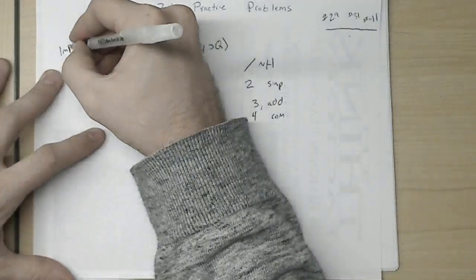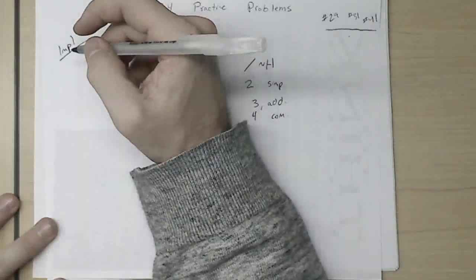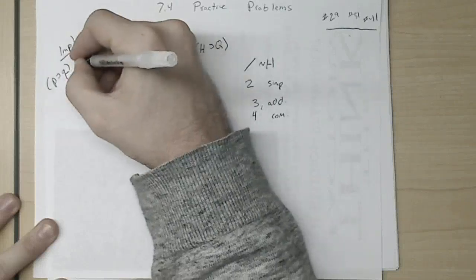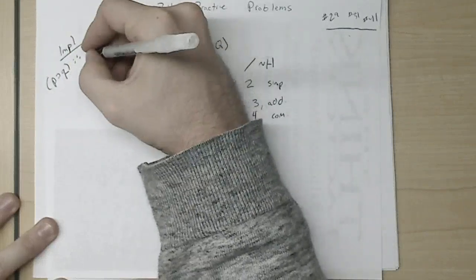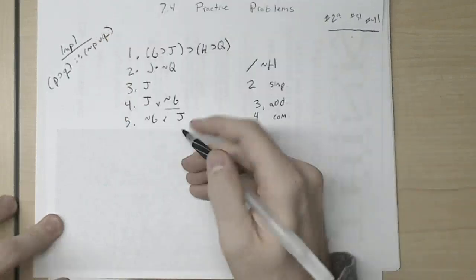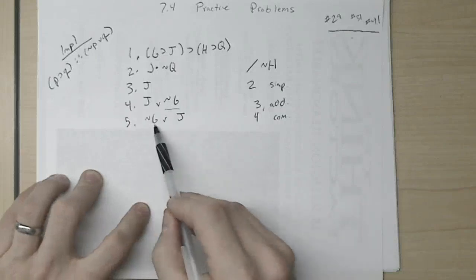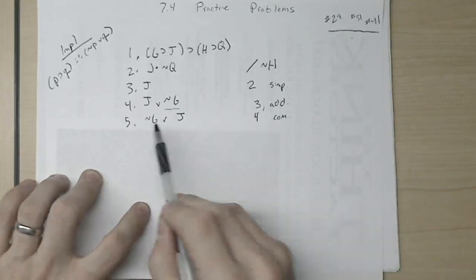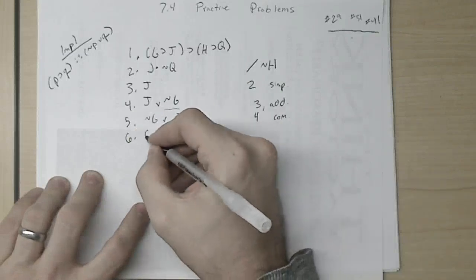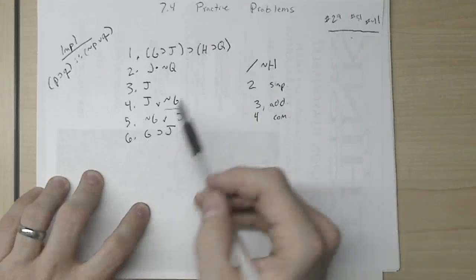Now, remember what the rule of implication looks like. The rule of implication says that if you have if P then Q, that is logically equivalent to saying you either don't have P or you have Q. Now notice, this is why I added the not G, because I can immediately do an implication here, and what I'm going to end up with is G then J. Notice that I was able to get rid of that negation.